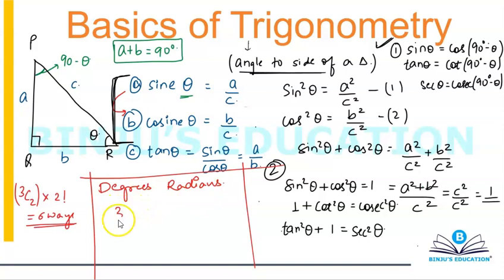Remember that 360 degrees is always equal to 2 pi radians. Or you can say that 1 degree is equal to 2 pi by 360 radians. Whichever way you want to calculate, you just need to remember that 360 degrees is always equal to 2 pi radians.